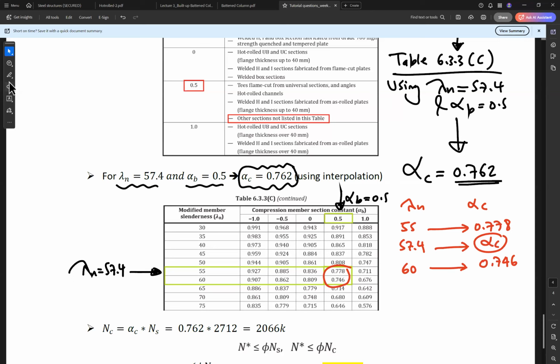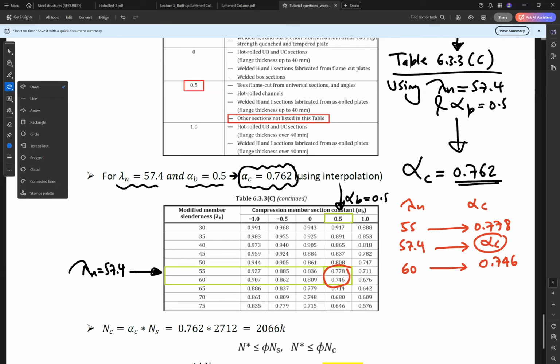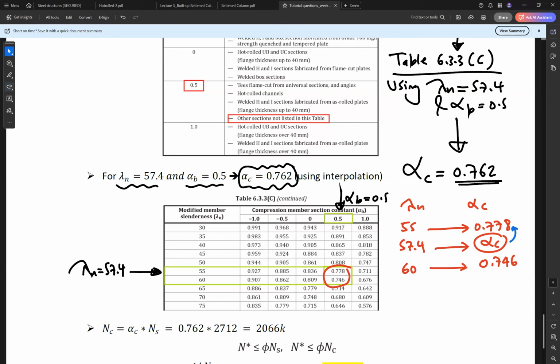So if we apply the interpolation here, alpha c minus 0.778 divided by 0.746 minus 0.778 equals 57.4 minus 55 divided by 60 minus 55.